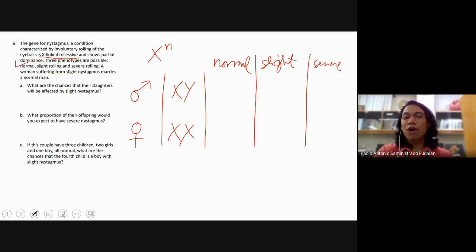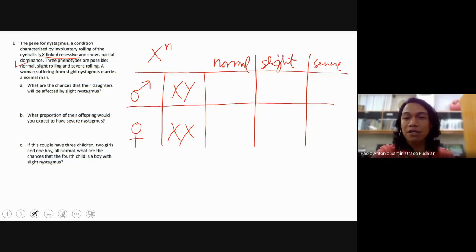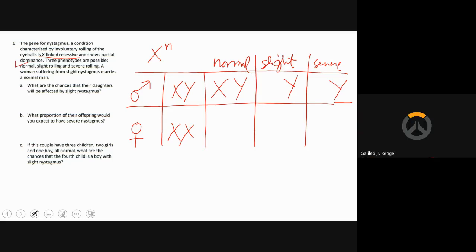What combination of sex chromosomes will a normal male possibly have? Of course, there's a Y. There's always a Y, guys, for males. So if a male is normal, what is the allele in the X? Small n, sir?